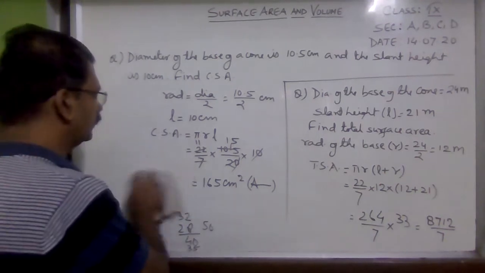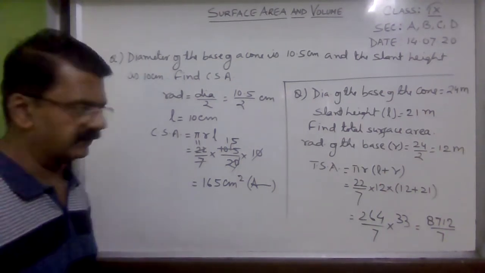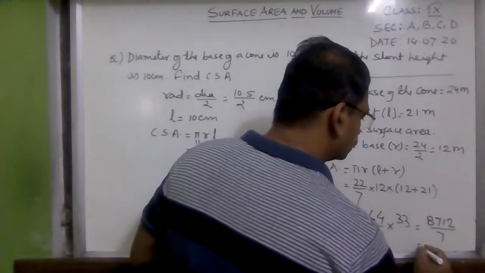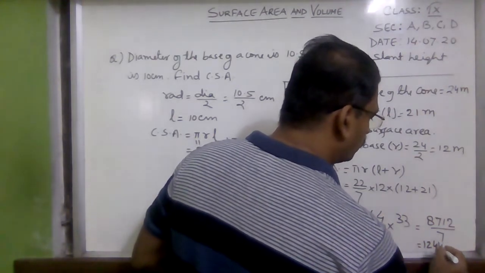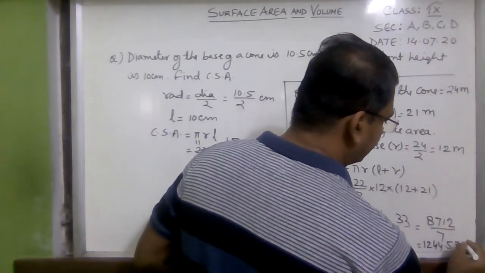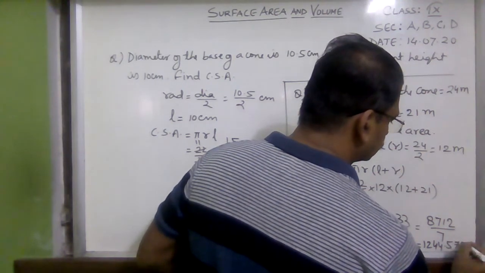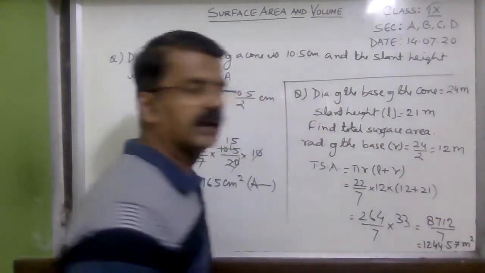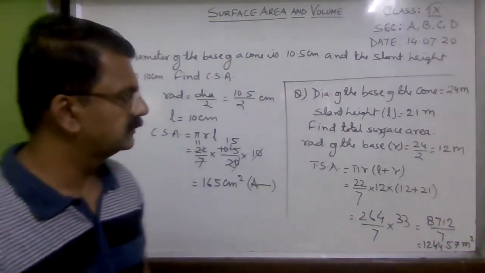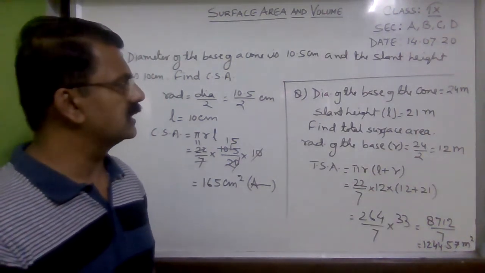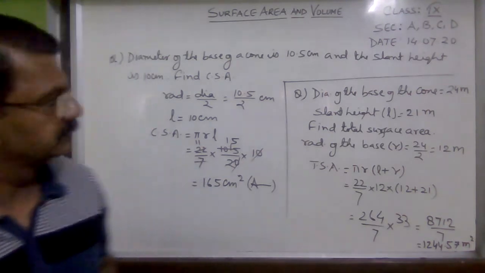It is nearly 1244.57 meters square. That is the total surface area of the cone.